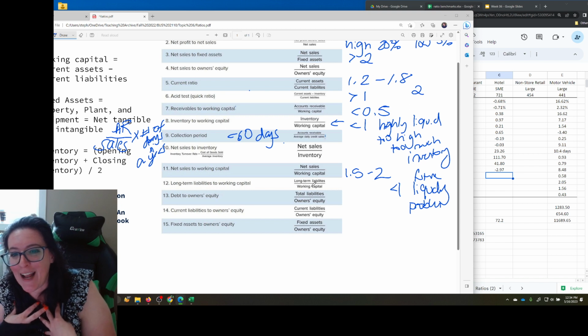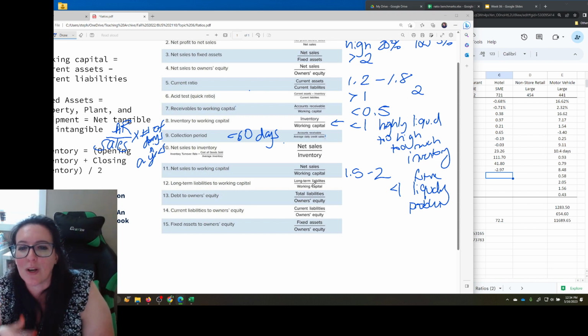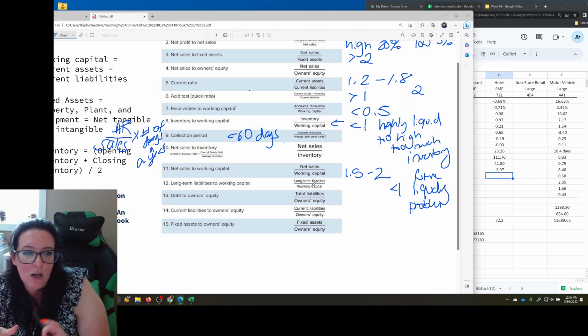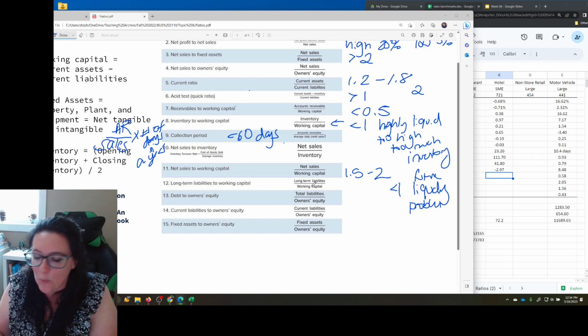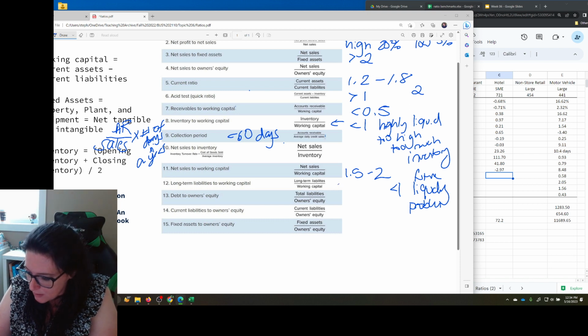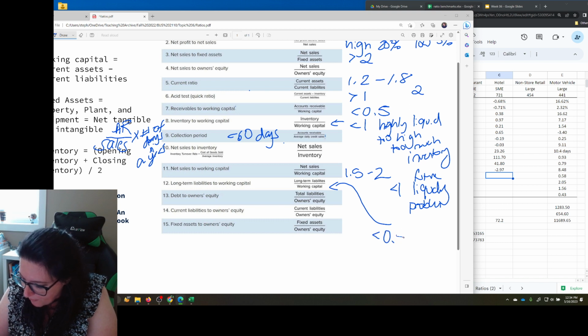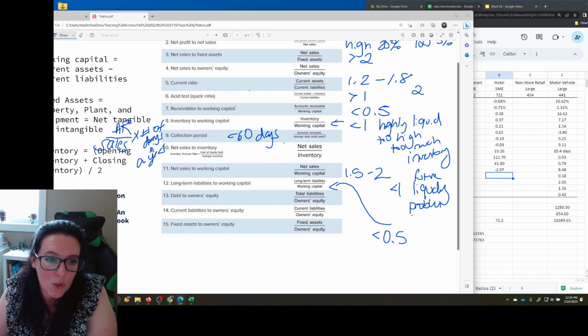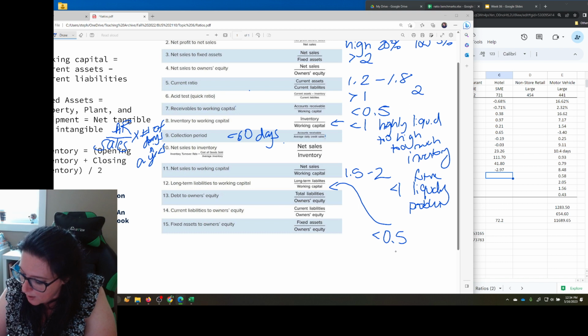So we take our current assets minus the current liabilities, and we're looking at the more liquid ones, right? So things like cash. So here we're looking at our long-term liabilities, the debts, versus those more liquid assets. And what we can see when it comes to this long-term liabilities versus working capital, if you are less than 0.5, then you are very dependent on short-term debt.